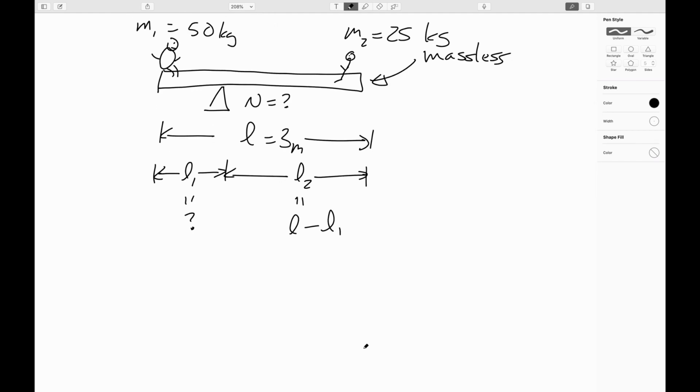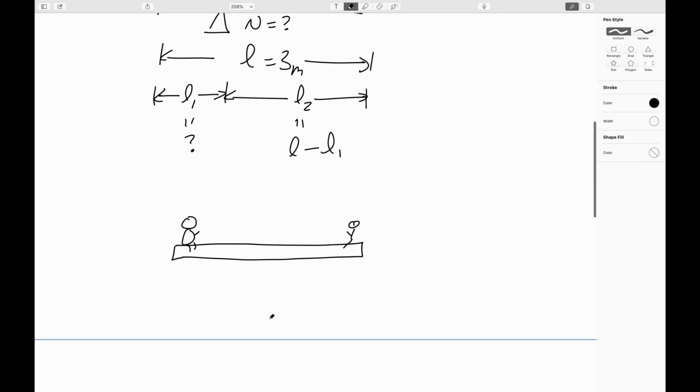Since we've already drawn the extended free body diagram for this, let's just go ahead and do it quickly here. So big kid, little kid, and this is what's called an extended free body diagram because we're drawing a little cartoon of the thing.